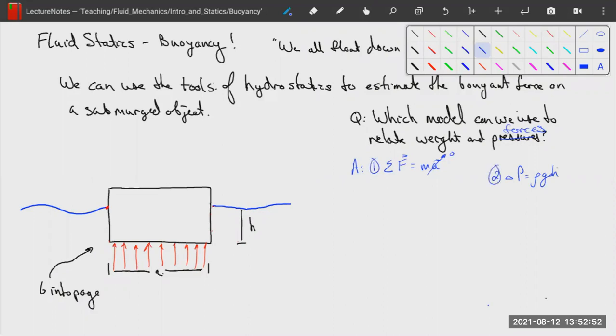It's a little bit more complicated on the sides of this floating box here. On the sides, the pressure, at least gauge pressure, is 0 at the surface of the water, right? It's atmospheric pressure, and gauge pressure is whatever pressure we're at minus atmospheric pressure. So if we're at atmospheric pressure minus atmospheric pressure, it's 0. So we're at 0 essentially here at the surface of the water.